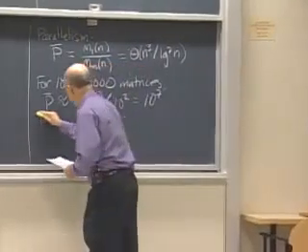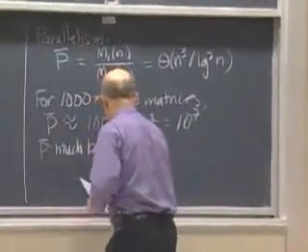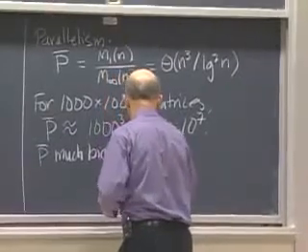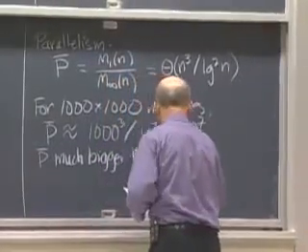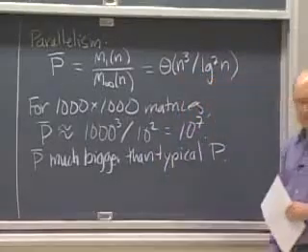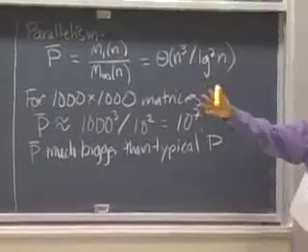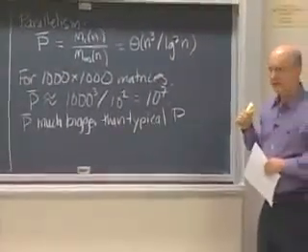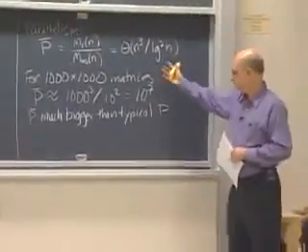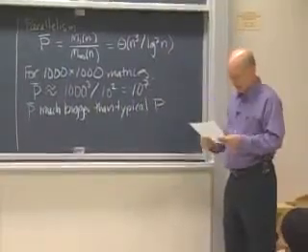Our parallelism is much bigger than a typical actual number of processors. So we would expect to be able to run this and get very good performance, because we're never going to be limited in this algorithm by parallelism.